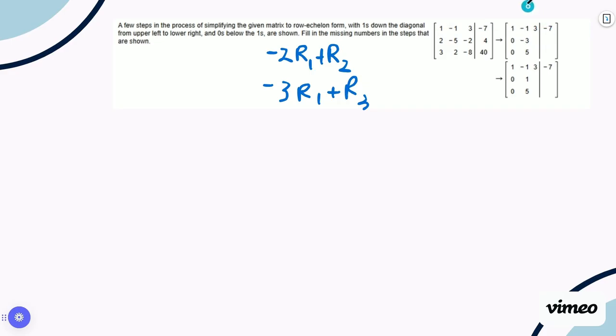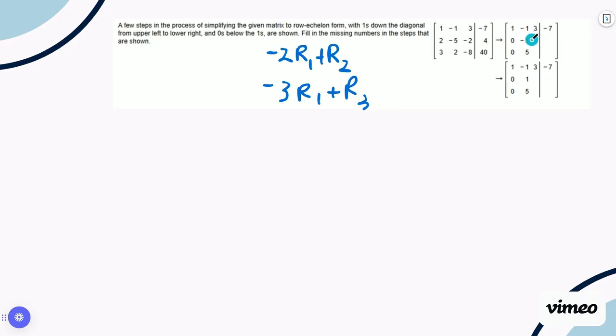Negative 2 times 1, start here. Negative 2 times 1 is negative 2, plus 2 is 0. Negative 2 times negative 1 is positive 2, plus negative 5 is negative 3. Negative 2 times 3 is negative 6, plus negative 2 is going to be negative 8.